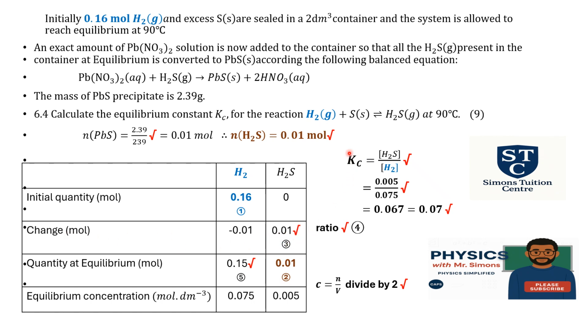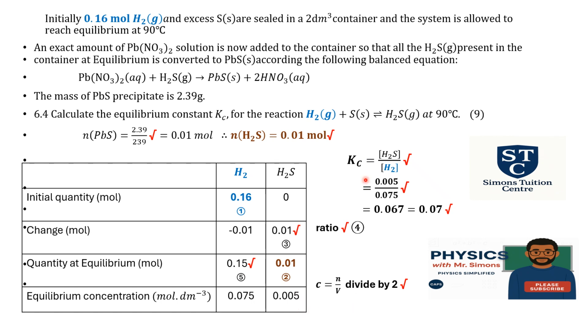So the ratio of this is 1:1. Alright, so if I have 1 there, my molar ratio between the two is 1:1. So that's 0,01. That must be 0,01. But remember, for reactants, we subtract. So 0,16 minus 0,01 gives me 0,15. Right, so that's where I went next. Now to get my concentration, I'm going to divide by 2. So 0,15 divided by 2 gives me 0,075, and 0,01 divided by 2 gives me 0,005.